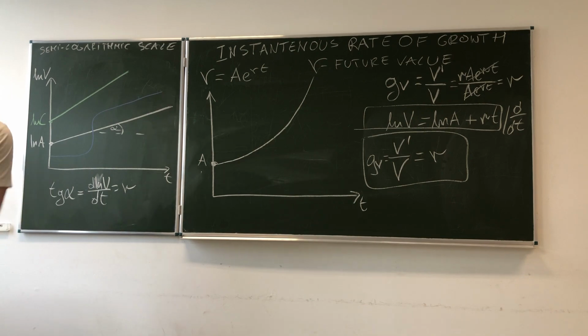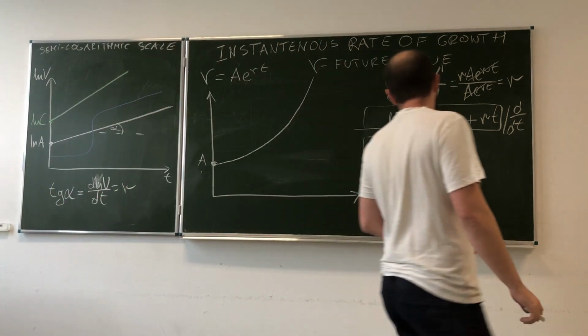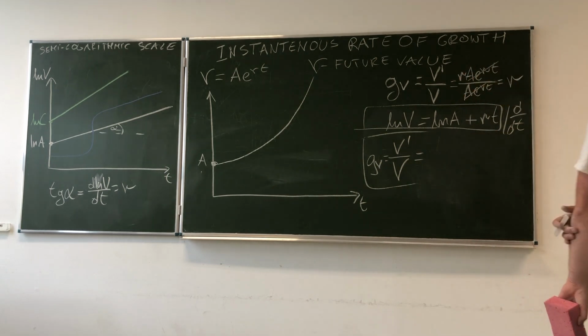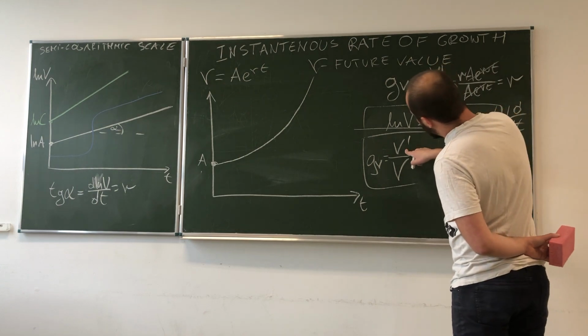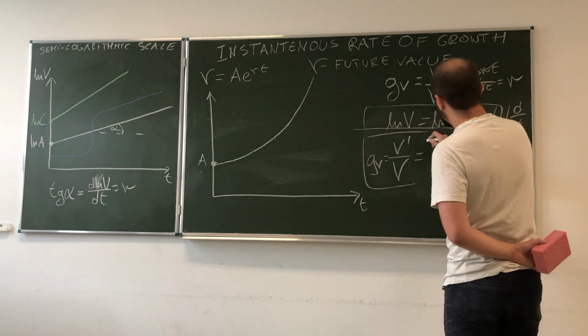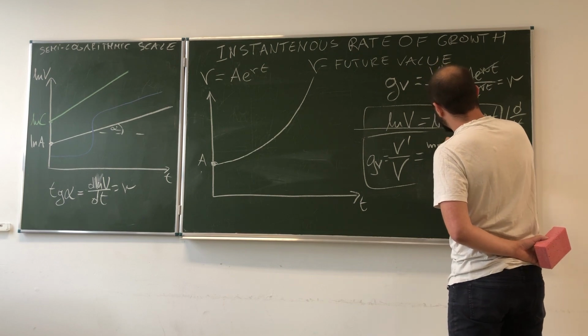Okay, so I think this is it. Oh, maybe one more thing. There is another way of thinking about instantaneous rate of growth. Because look, derivative in economic terms, we usually think about it as a marginal function.